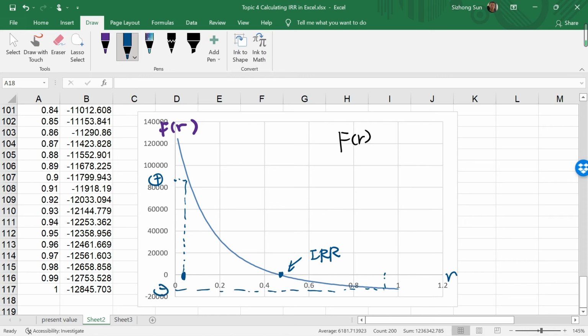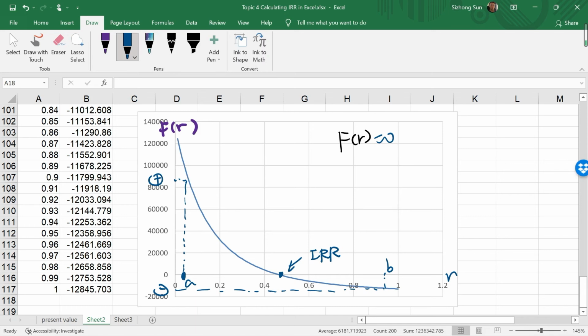Now we know that because f(r) is a continuous function of r, somewhere between, let's call these A and B, there must exist a point where f(r) is equal to 0, and that's what we want to find.